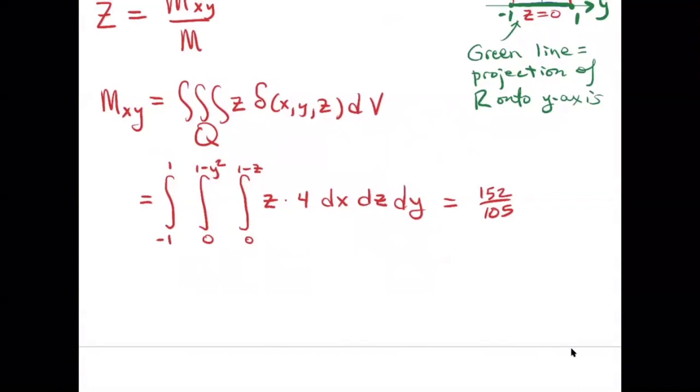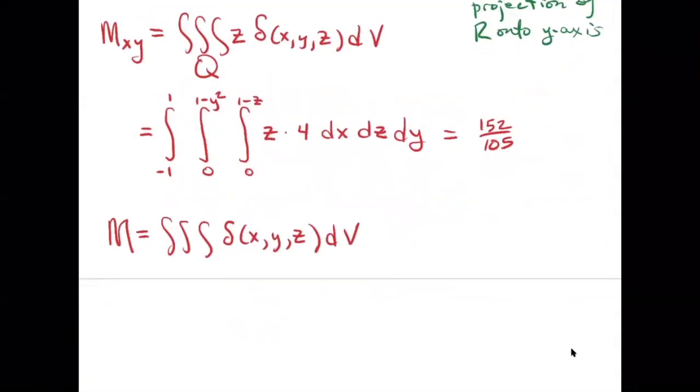The mass is just a triple integral of the density function over Q. All right, and so this is going to be the same limits, but all you have is density, which was 4.